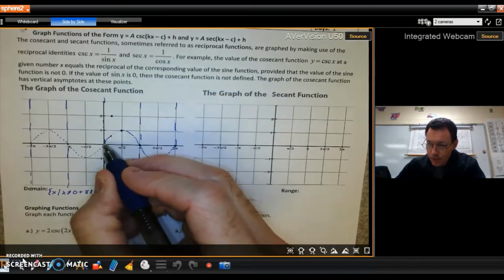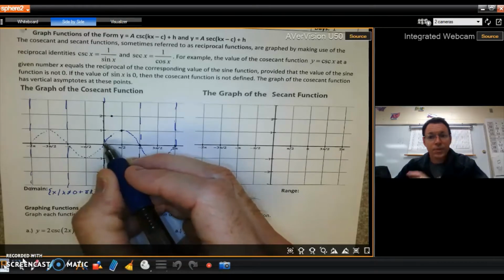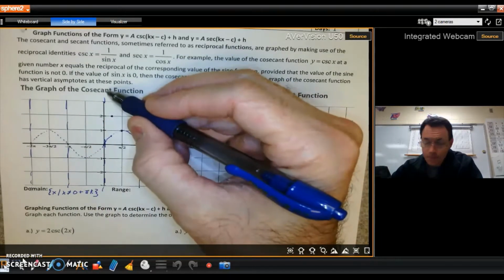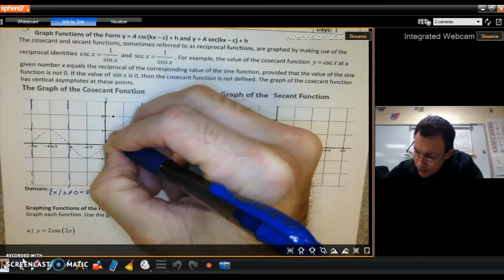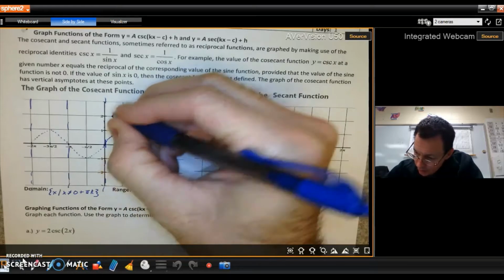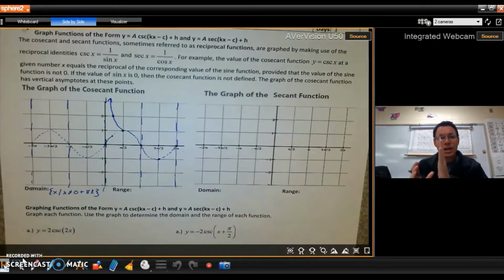Let's say this point down here is 1/4. The reciprocal of that would be 4. So I'm already going off my graph here. This cosecant graph is going to mirror the sine, but it's going to curve up, up, up, and then follow that vertical asymptote and get closer and closer to it.